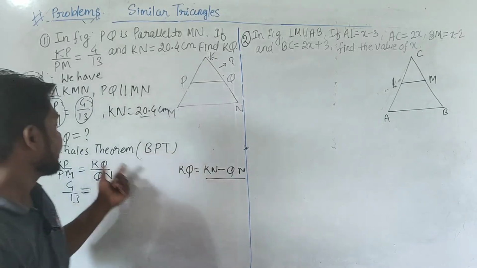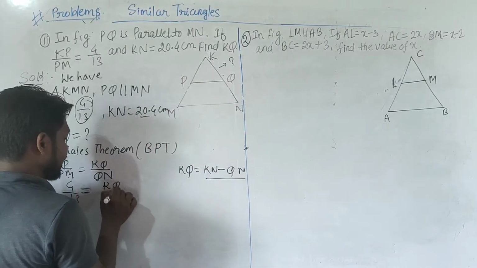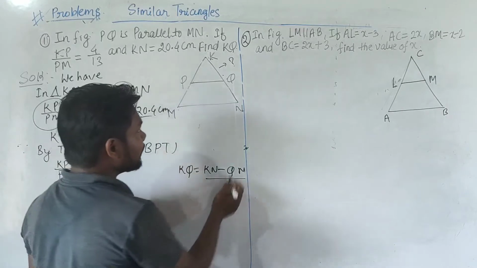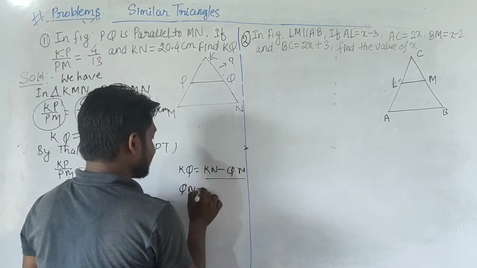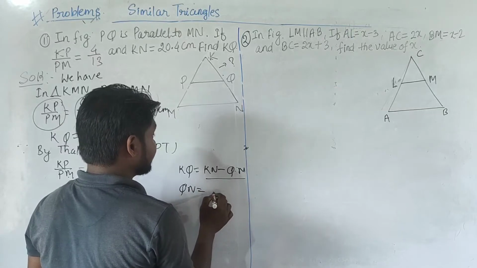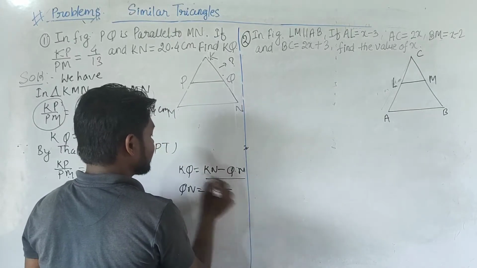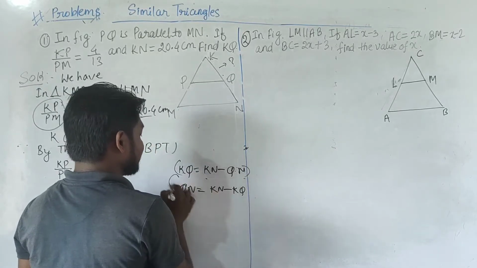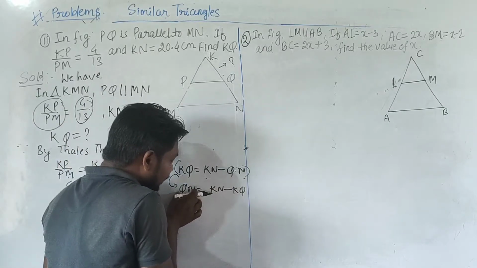And KQ is to be found out, so write KQ as it is, and QN. QN can be written as KN minus KQ. We are just finding the value of QN.